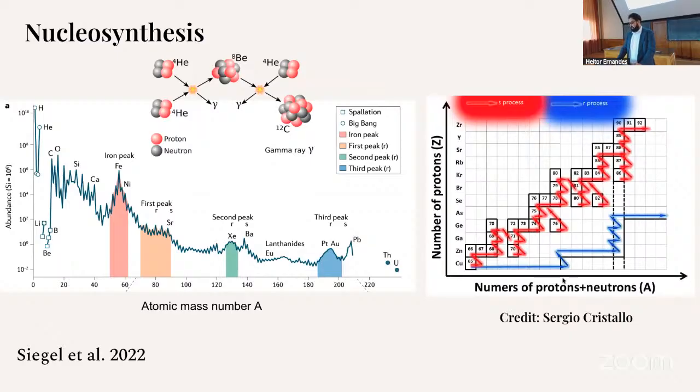So you can imagine that if you throw a lot of neutrons against this nucleus, it goes up in mass, but not in atomic number, Z. And then it decays, and it keeps going, and then it decays, because here it reaches a magic number. Then we can produce the heaviest elements we can find, like platinum, gold, the lanthanides, for example. And then we have the s process, the slow neutron-capture process.